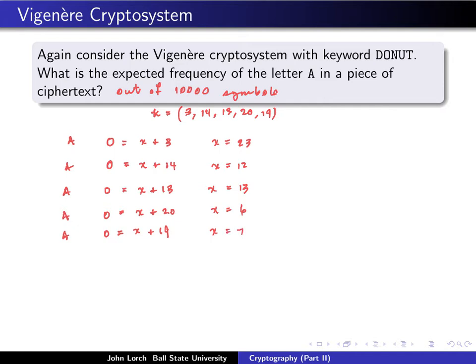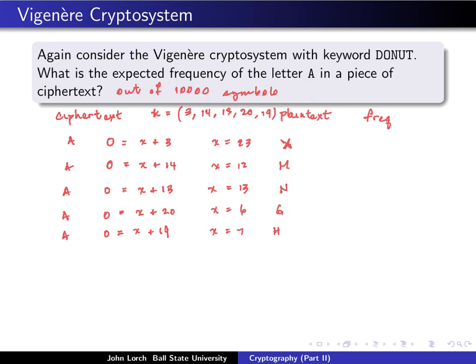Now, those correspond to plain text letters X, M, N, G, and H. Right, so over here, we've got the ciphertext that we're interested in, which is the letter A, and it is achieved from these plain text letters, X, M, N, G, and H. And now, what are their frequencies out of 10,000 symbols?